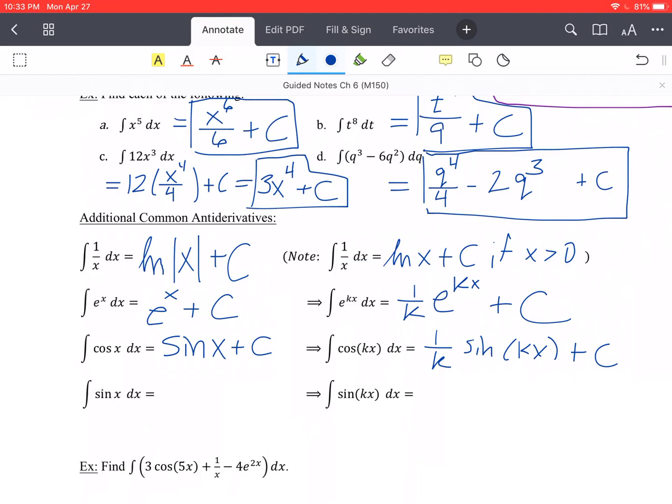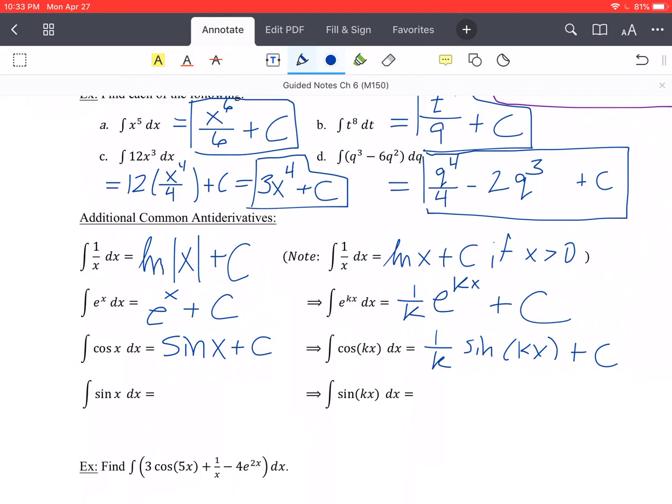And you can always check it. Again, always a good idea to go back and take the derivative of your result and make sure it matches your original. Antiderivative of sine: before you're too quick to just say cosine, we had a function, we took its derivative, it was sine. The derivative of cosine is negative sine.